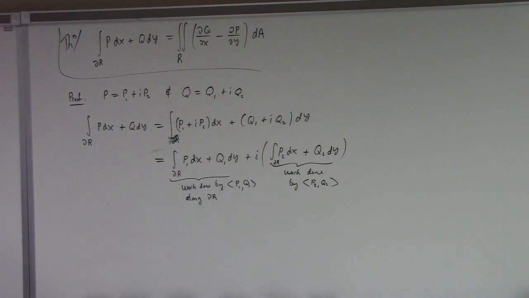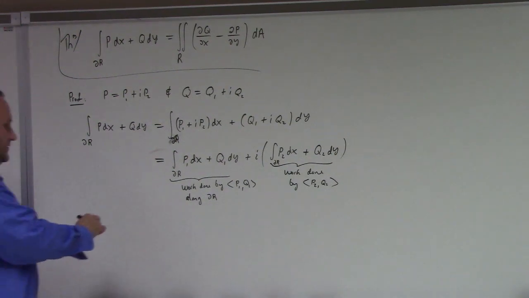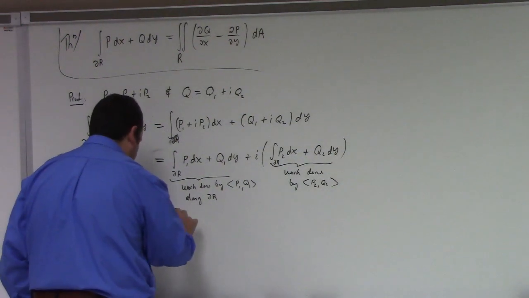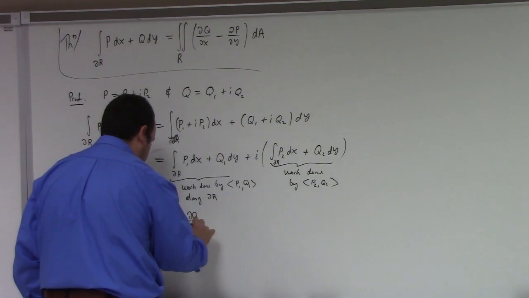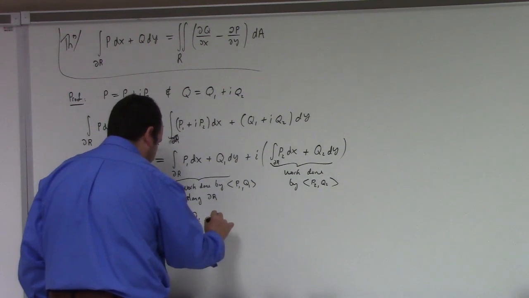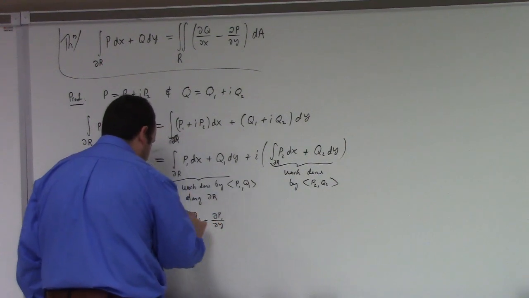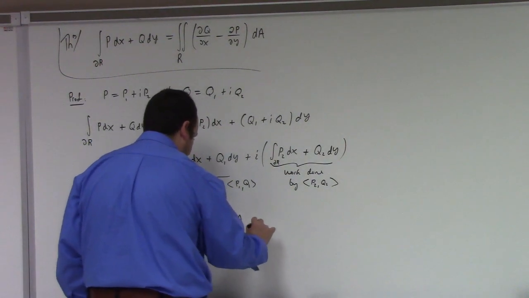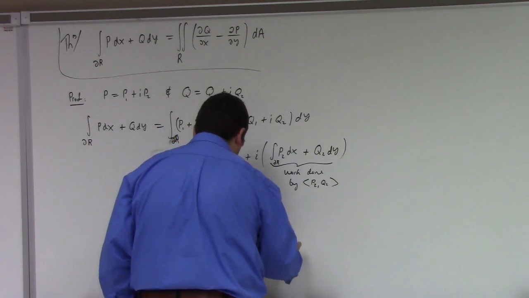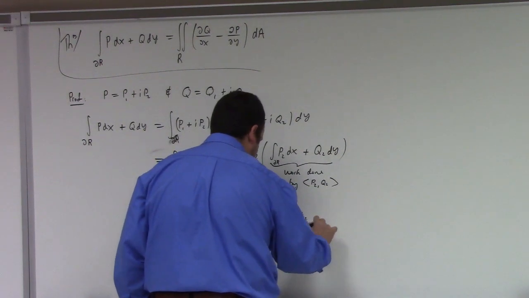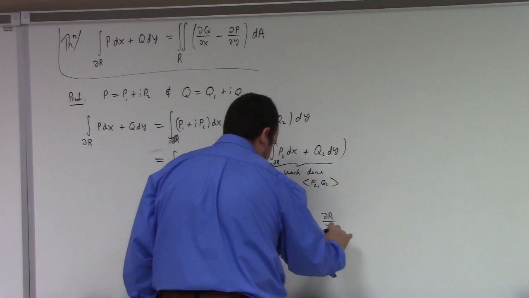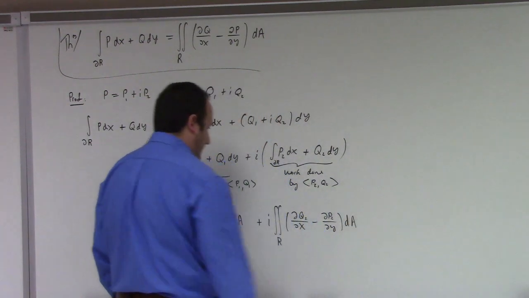Fine. The point, though, is we can apply Green's theorem to both of these separately, yeah? So Green's theorem applied to the first piece gives me the double integral over R of partial q1 partial x minus partial p1 partial y dA. And then plus i times the integral over the region of partial q2 partial x minus partial p2 partial y dA. All right?